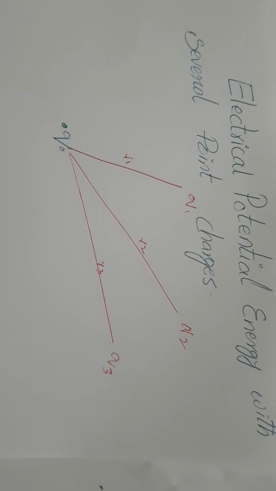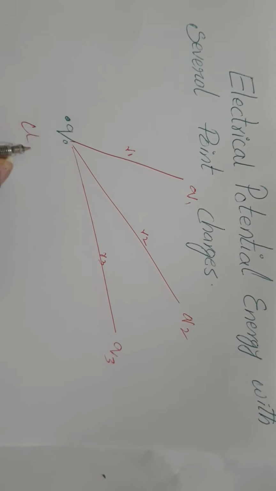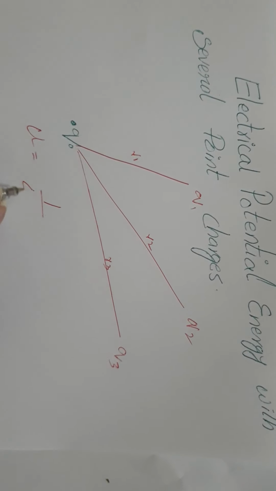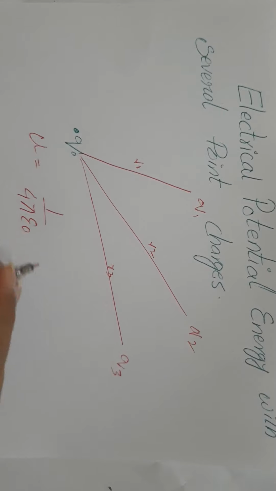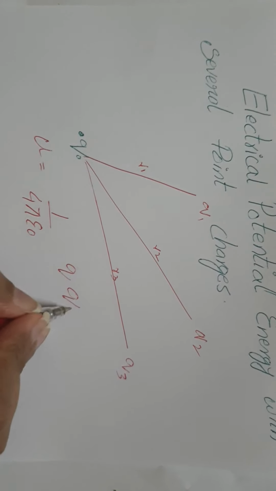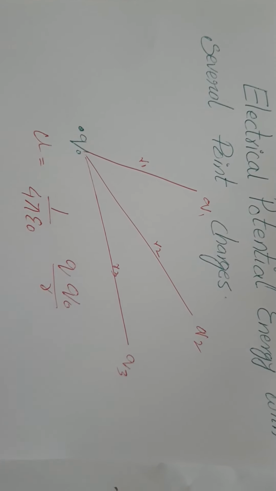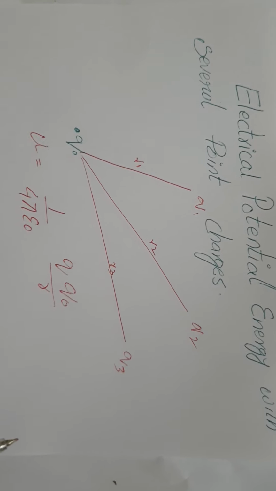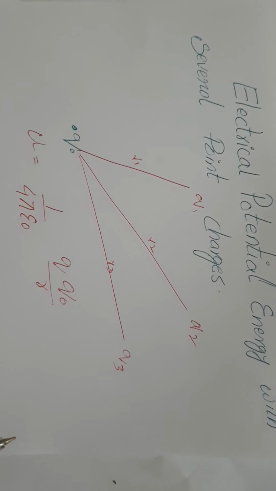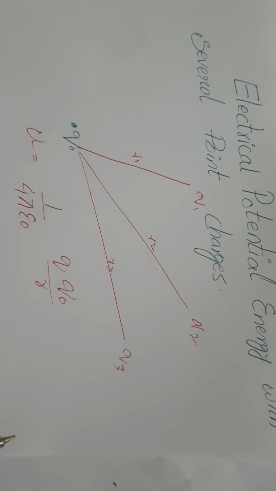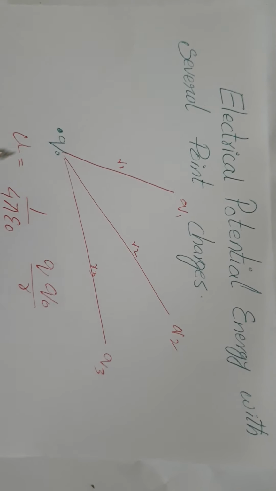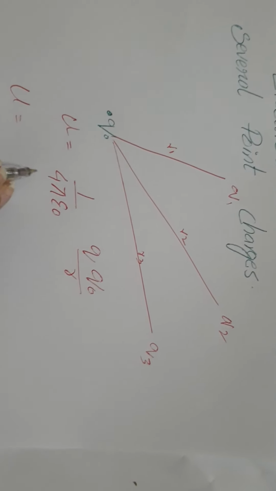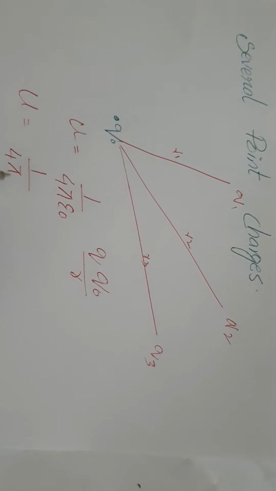But from the equation of potential energy, we can conclude that the potential energy associated with Q naught would be the algebraic sum, not the vector sum.